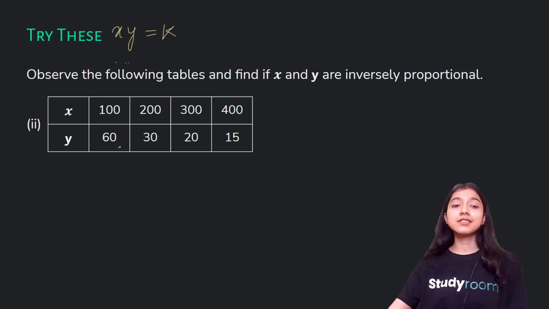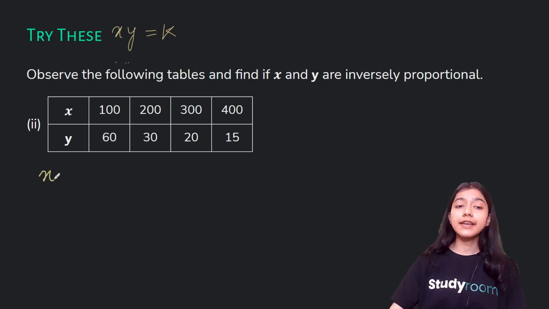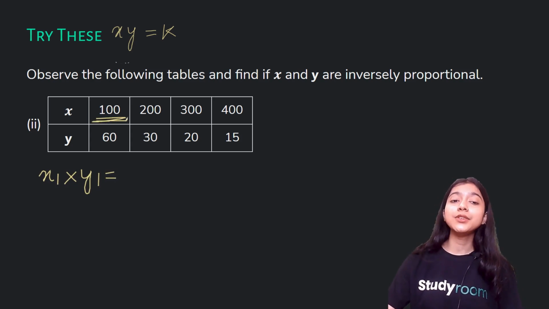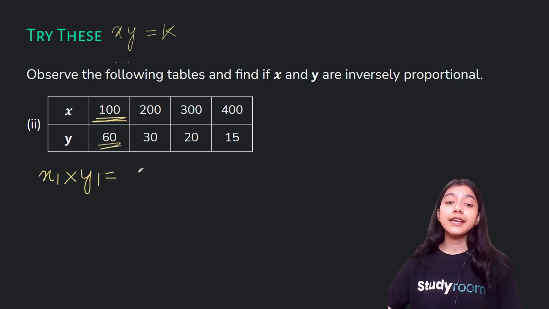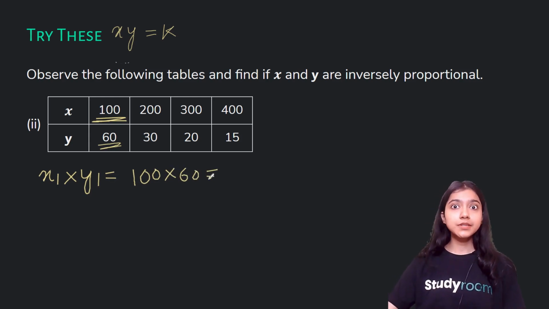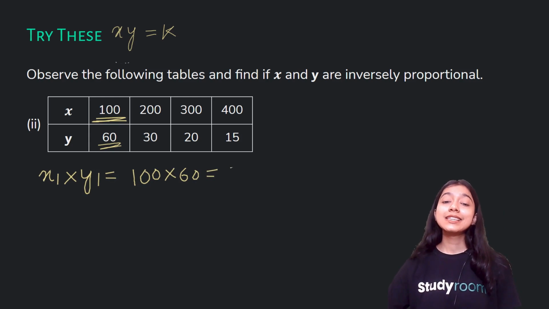Now let's check for each of the cases. So over here, in case of x1 multiplied with y1, we have, now what is x1? x1 is the first value of x. y1 will be the first value of y. So in case of x1, we have 100 and it is multiplied with the first value of y1, that is 60. Now 100 multiplied with 60 gives us 6000.